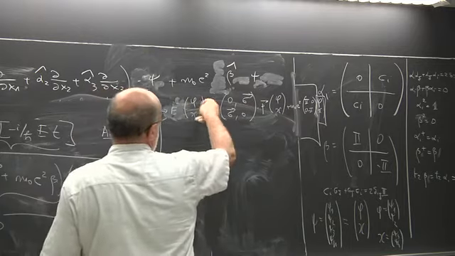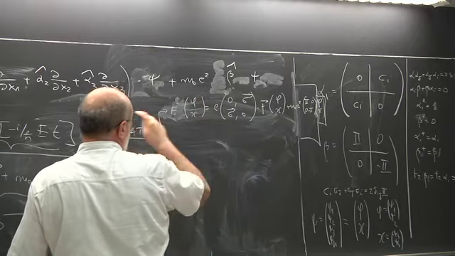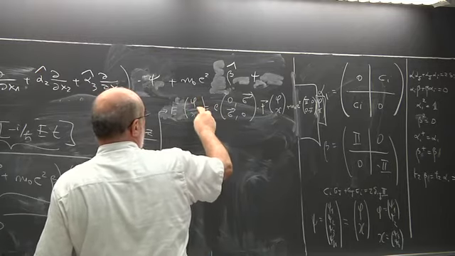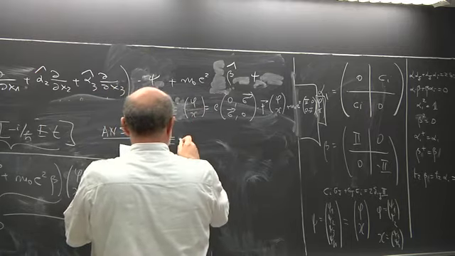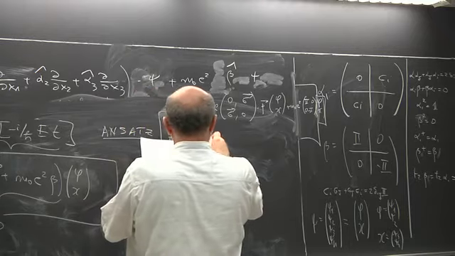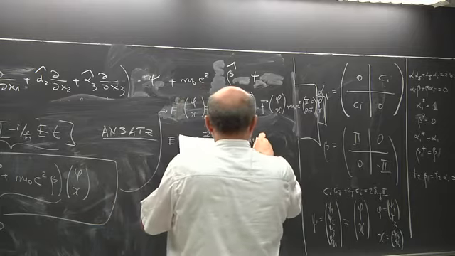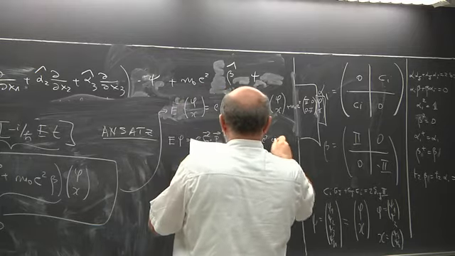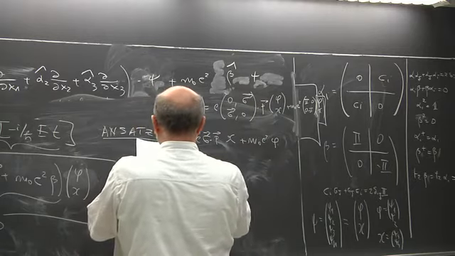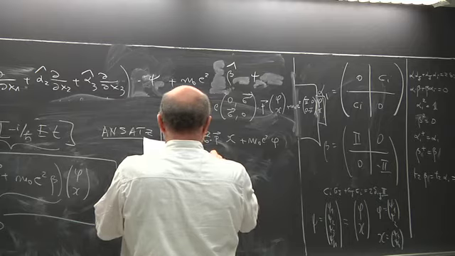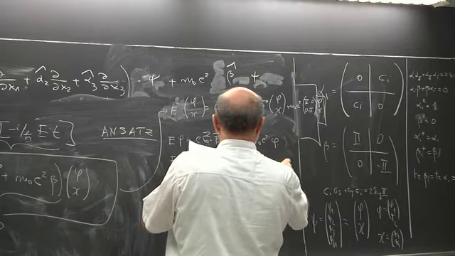So you see this is a 4-dimensional thing, but of course if you work out the components, you will have an upper 2 component and a lower 2 component, and the equations you get are 2 equations. E phi equals C sigma dot P chi plus M0 C square phi, and then you have E chi equals C sigma dot P phi minus M0 C square chi.